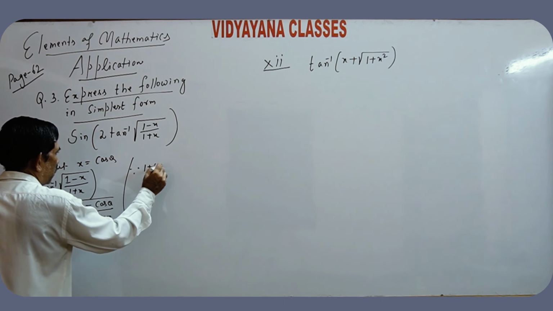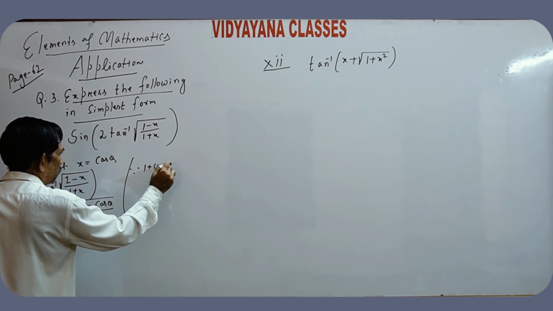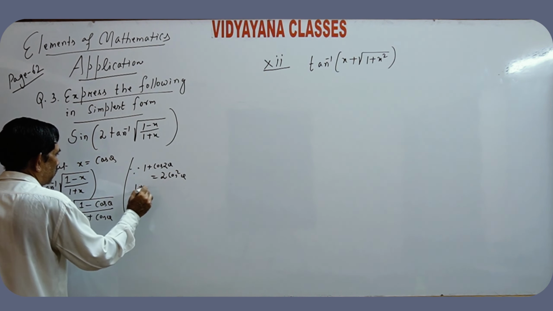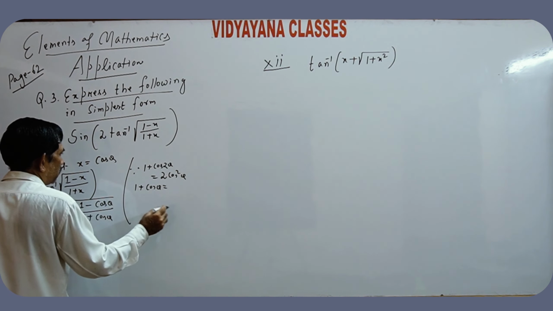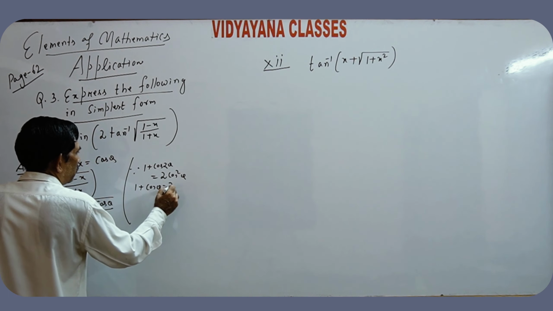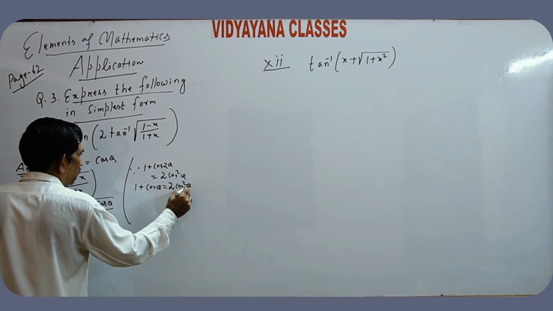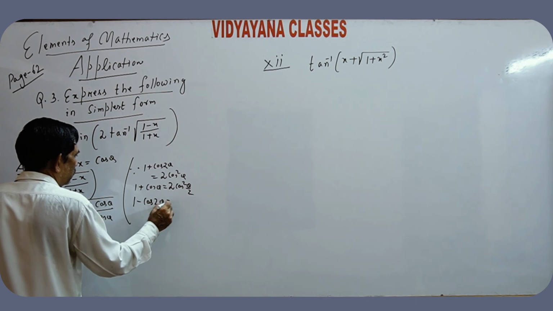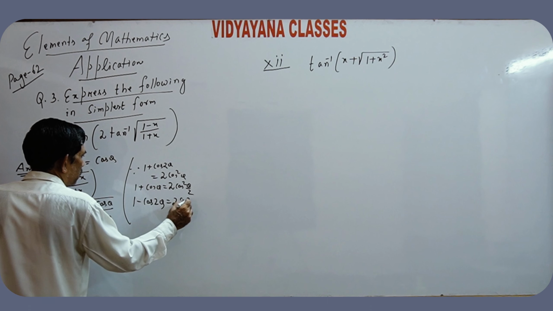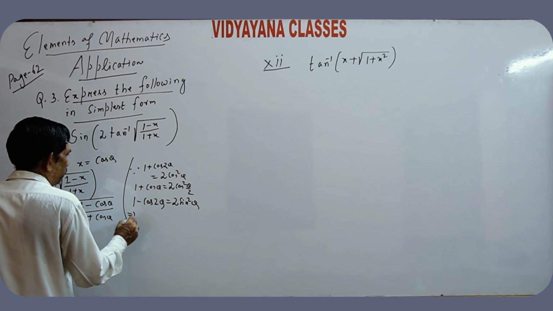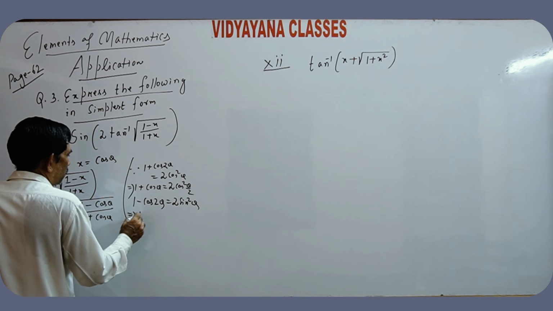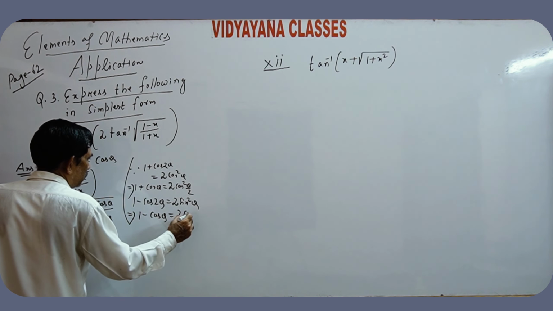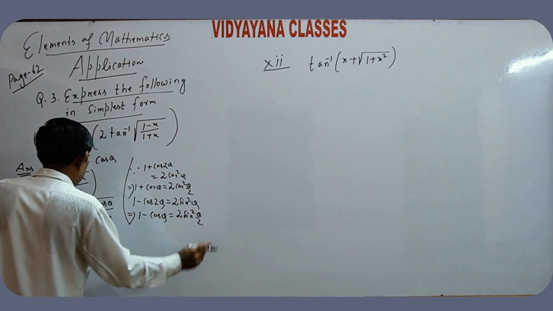Cos 2 theta is equal to 2 cos square theta minus 1, so 1 plus cos theta is equal to 2 cos square theta by 2. 1 minus cos 2 theta is equal to 2 sin square theta, implies 1 minus cos theta is equal to 2 sin square theta by 2.